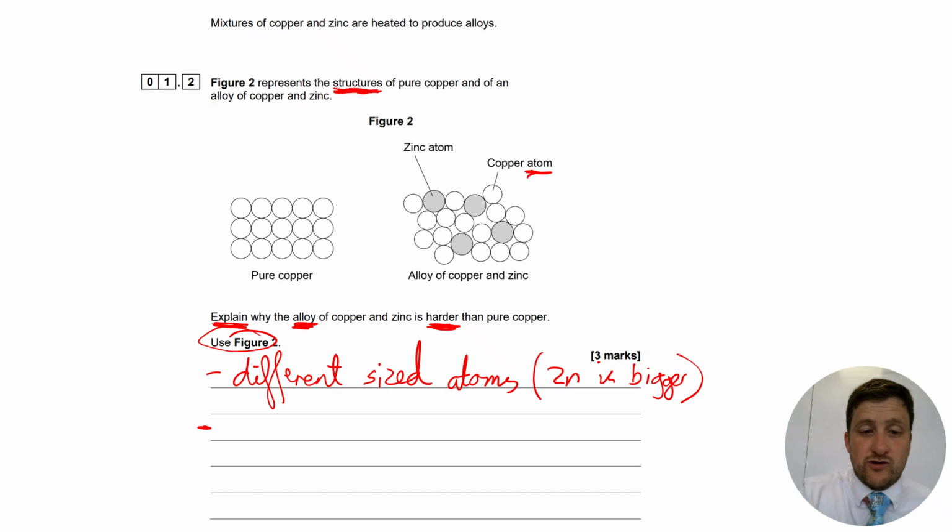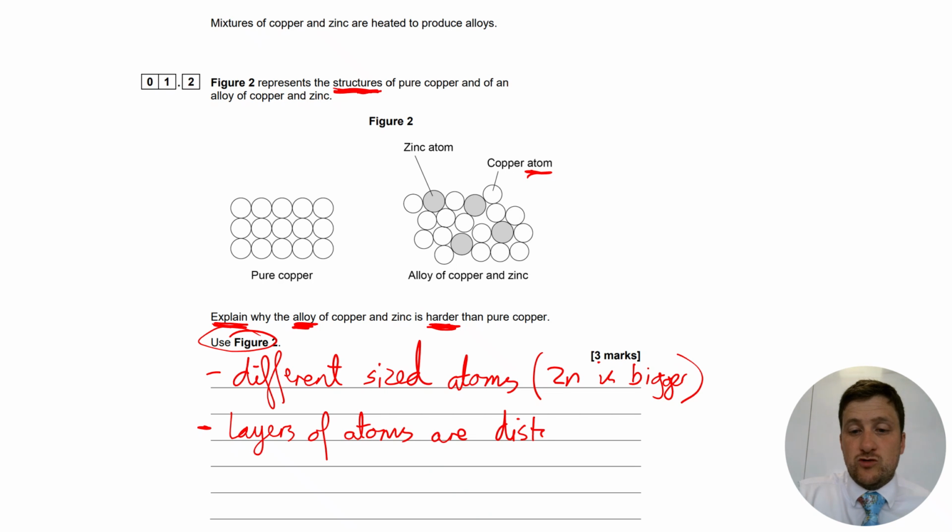That's our first point. How does that affect the structure? Well, that means the layers of atoms are distorted. You can see in our pure copper those beautiful layers, this lattice we talk about, of repeating atoms, and our alloy is all sort of messed up. It's all over the place.